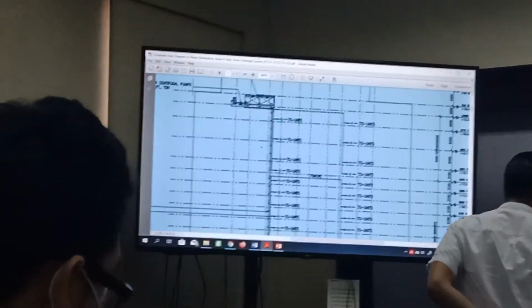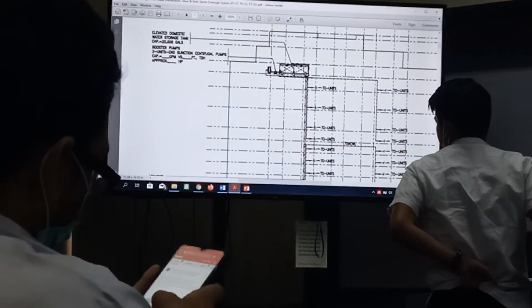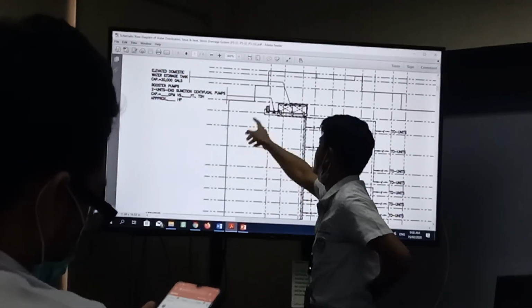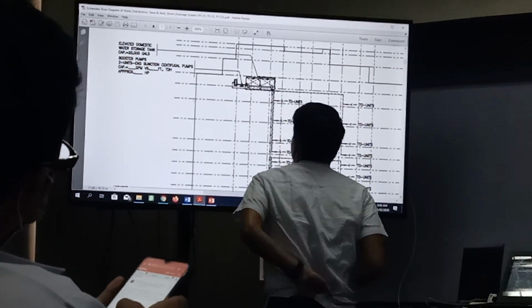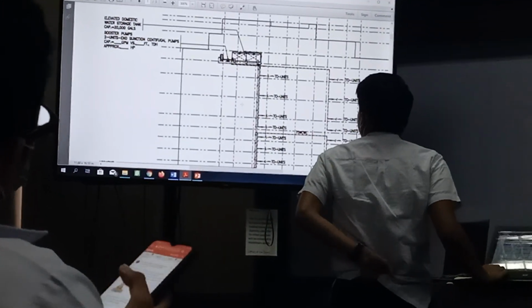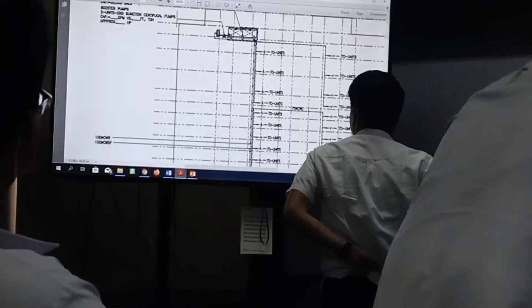Meron kang water pump, taas. Yun, naka-multi-stage. Okay? May booster pump. Galing sa baba.